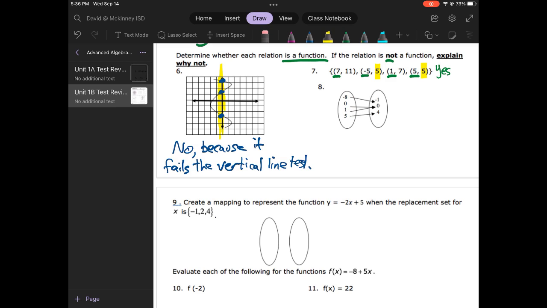That's okay. What I can't have happen is that I cannot have, say, -8 pointing towards a -1 and then also pointing towards another value. Since there's only one arrow emanating from each x value in the mapping, that's going to be okay.